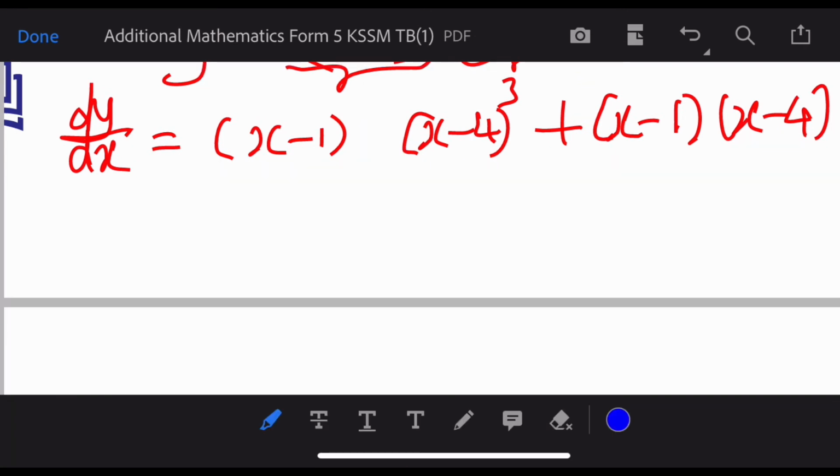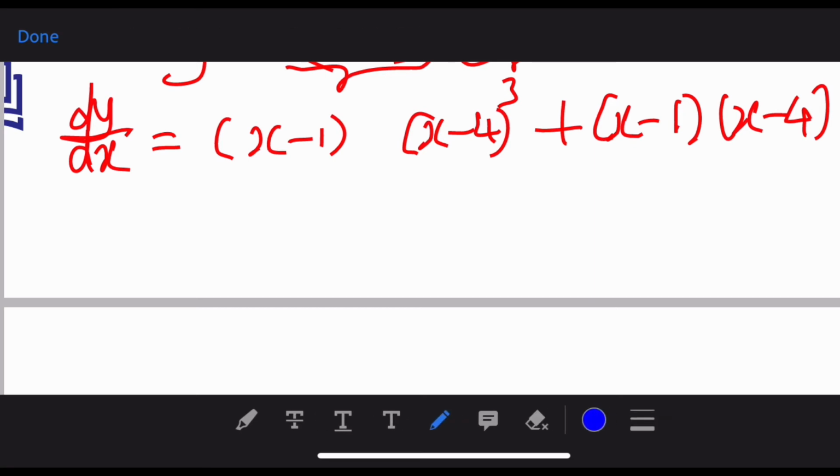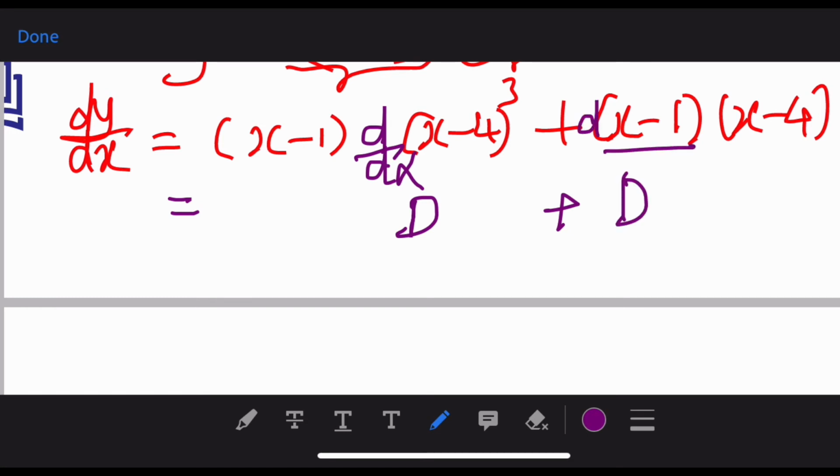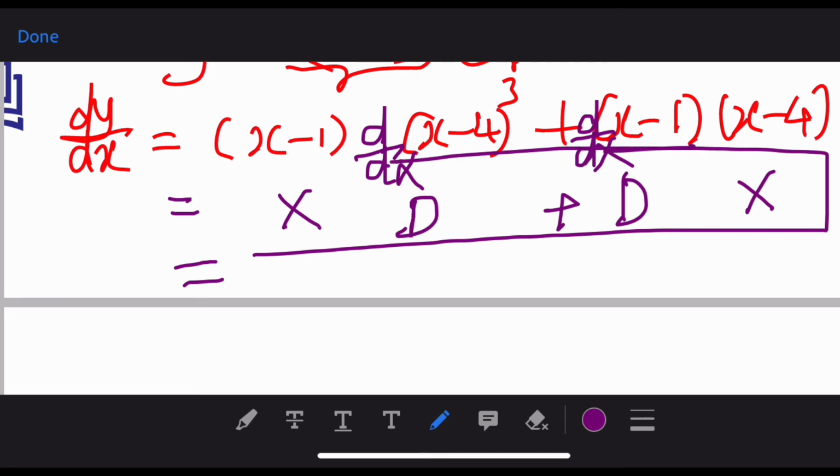Again, I highlight to you the way to remember. It's like that. This one you differentiate, so D, plus, then this one you differentiate. These two no need. X D, D X. Can you remember? This is the shortcut. X means don't do.